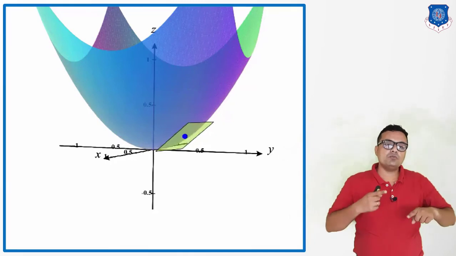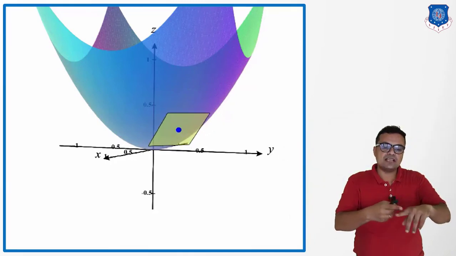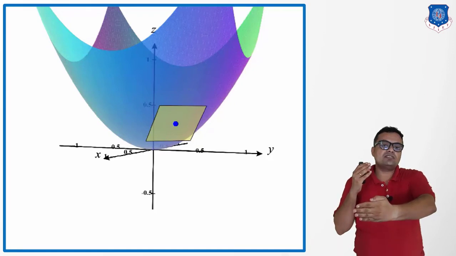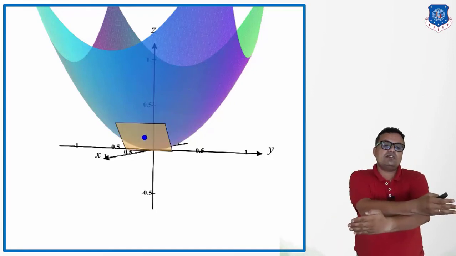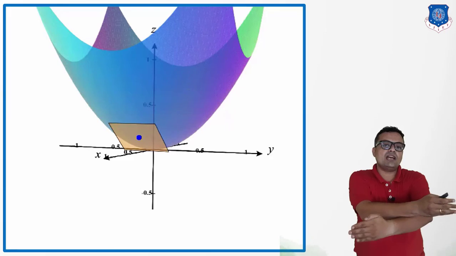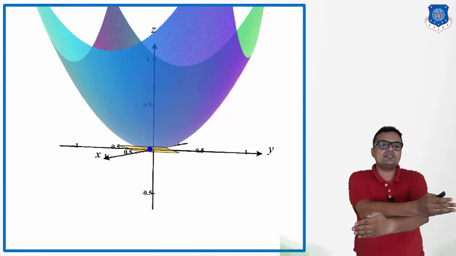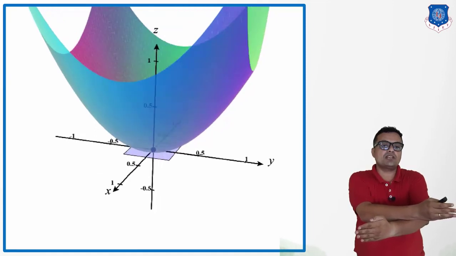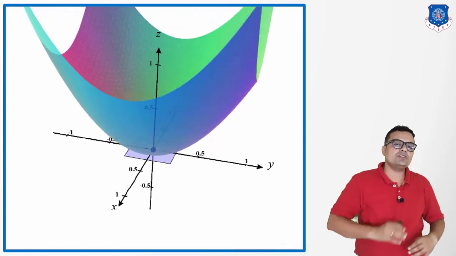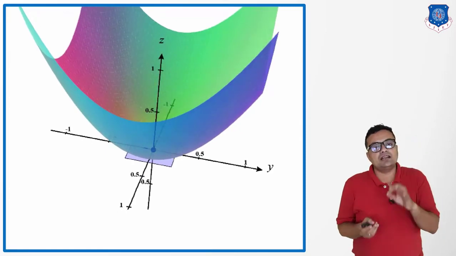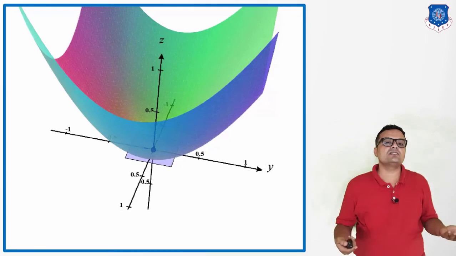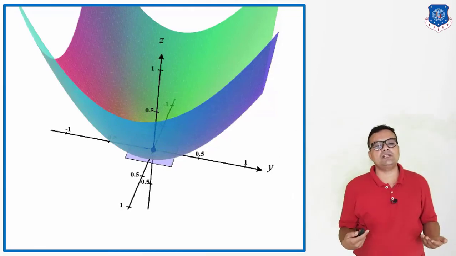And if I combine both of these tangents, I need to take the tangent with respect to x and the tangent with respect to y, and identify where these 2 tangents are simultaneously parallel to the xy plane, and that point will be your critical point. So here at the origin you can see clearly that the tangent plane is on the xy plane. In other words, it is parallel to the xy plane.